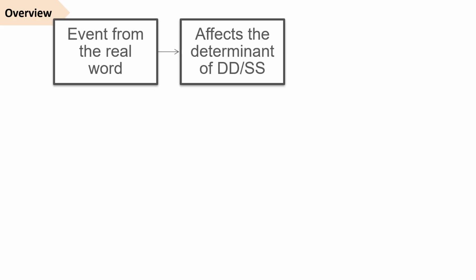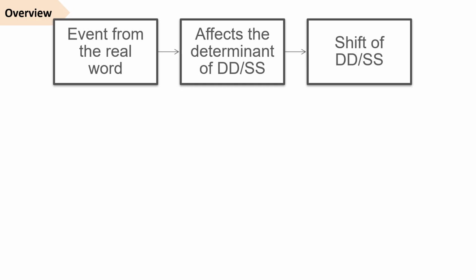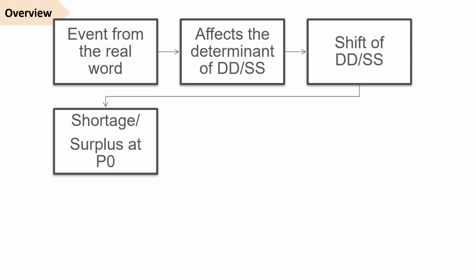So this is the overview for today. First, there will be some event from the real world. Then you have to link it to your determinants of demand and supply, basically your TIGER SIP and your TIGER SOL. Then there will be a shift in your demand and supply. Then, your PAP process again, so that at the original price there might be a shortage or a surplus.